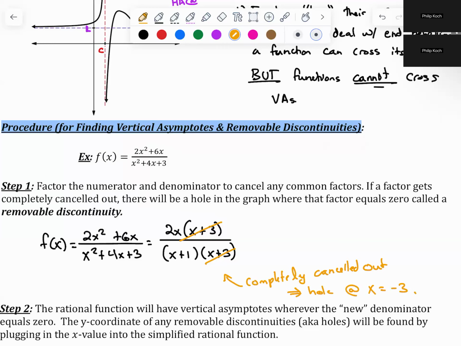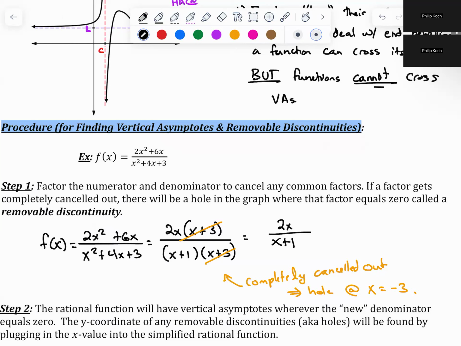If a factor gets completely canceled out, like this one did, there will be a little open circle in the graph where that factor equals 0. So x plus 3 equaling 0 gives me a hole at x equals -3. Writing it in the new format, after canceling, we get 2x over x plus 1.